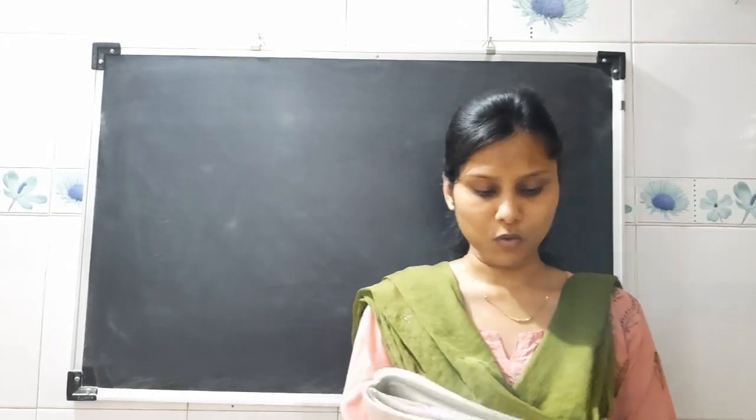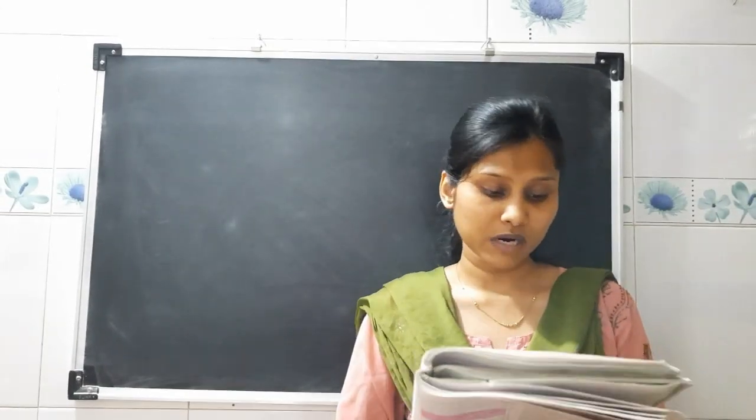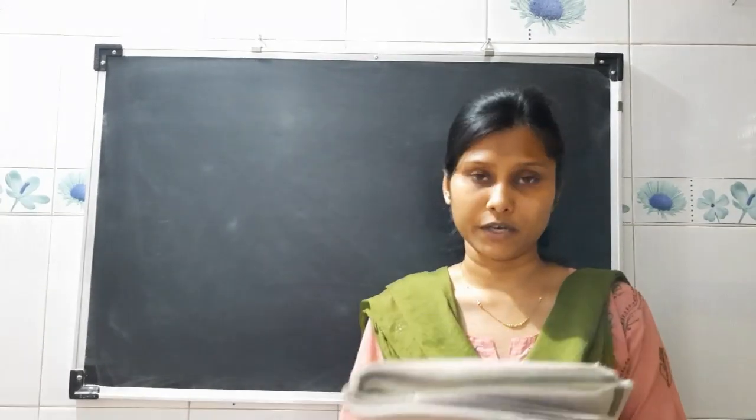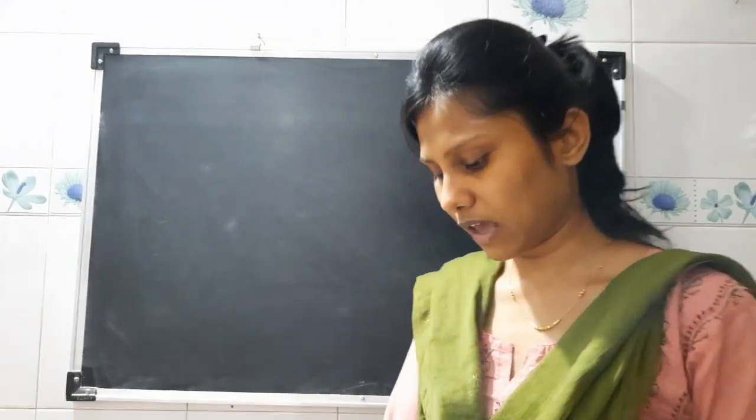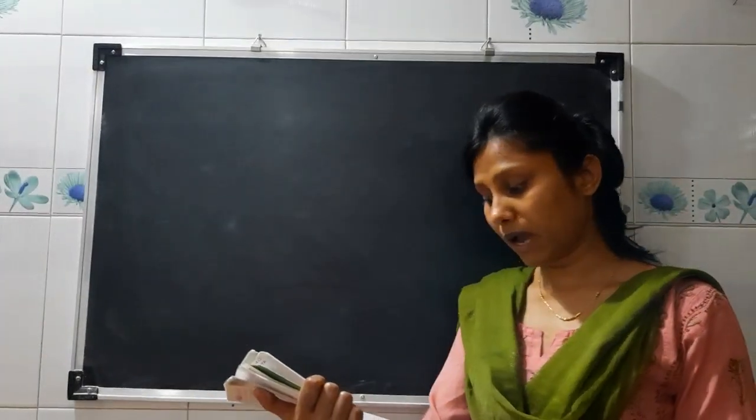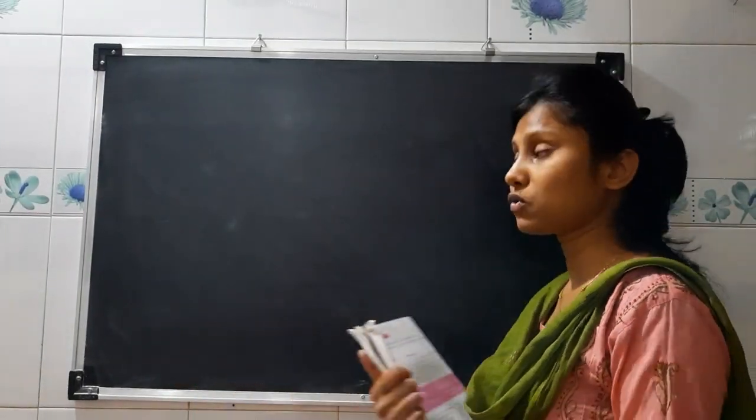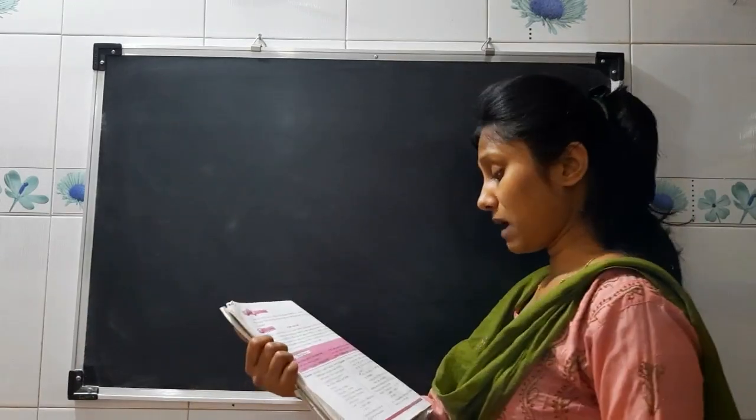Okay, so solved example number 1. Hamid bhai bought bananas worth rupees 2000 and sold them all for rupees 1890. Did he make a profit or a loss? How much was it? Okay, so first, what they have given in the question: Hamid bhai bought bananas worth rupees 2000.